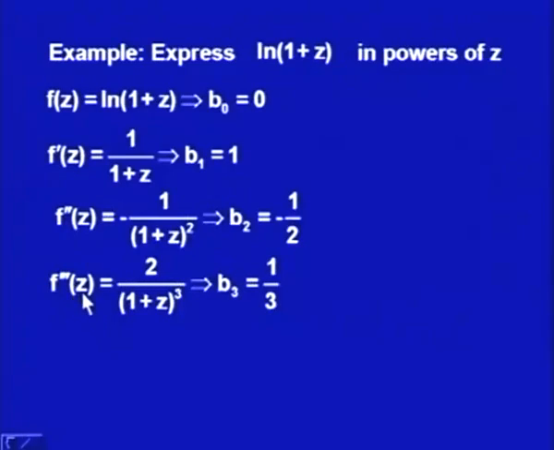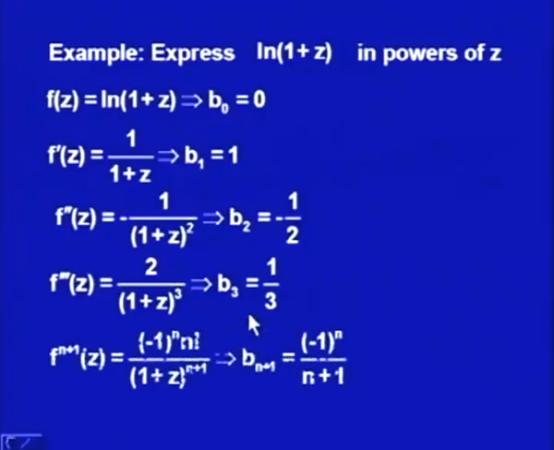Next, we calculate the third derivative as 2 over (1 plus z) cube, and evaluating this derivative at z is equal to 0 gives me b3 as 1 by 3 and so on. We can calculate b(n plus 1) from the (n plus 1)th derivative, and this comes out to be minus 1 raised to power n divided by n plus 1.